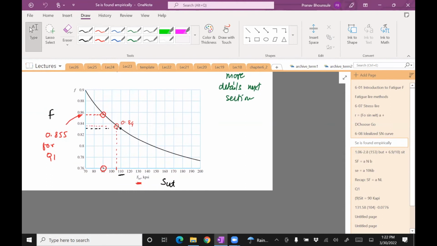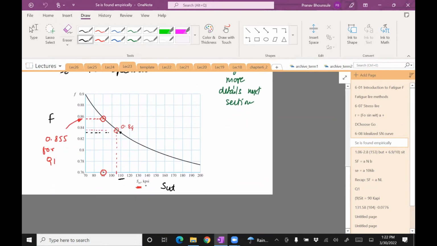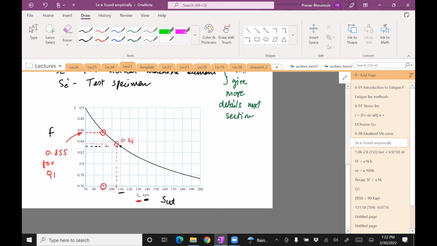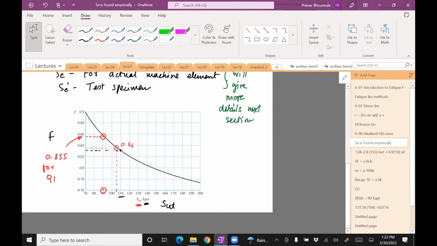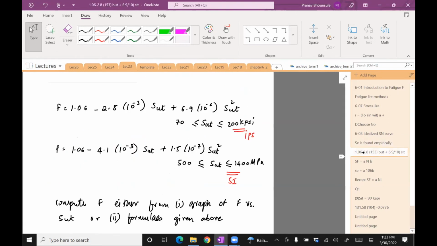Yeah, there it is. F as a function of SUT. So we know that SUT is given in kPSI. We're given it as 690 MPa. So I don't think the book provides a table. So you need to either convert from MPa to kPSI, or we'll use the other method, which is there's also a formula. And this formula is available for both MPa as well as for kPSI. So let's just use this.